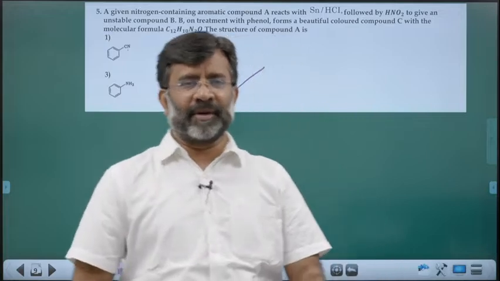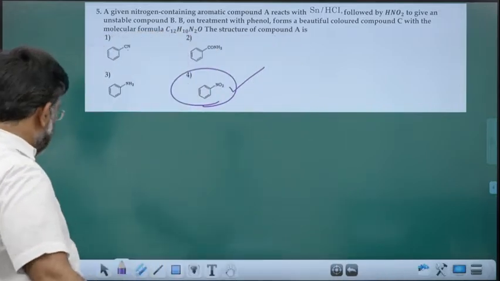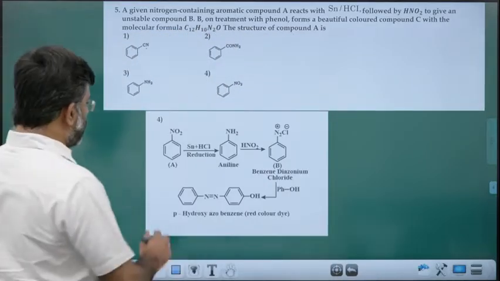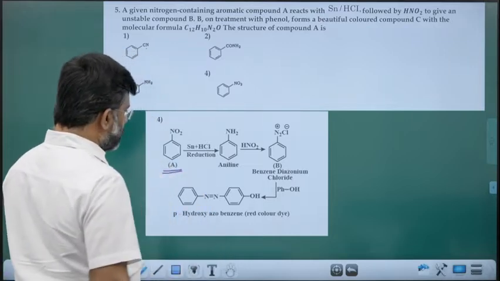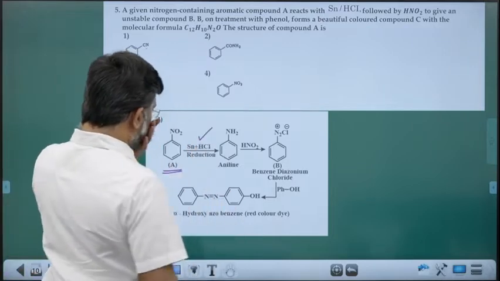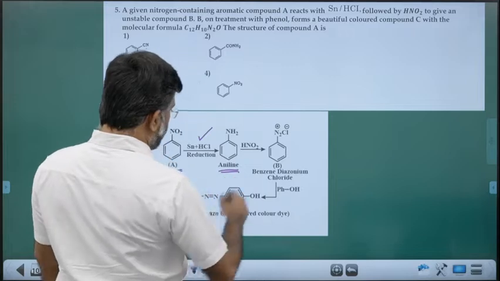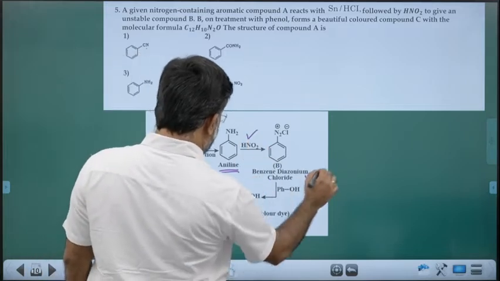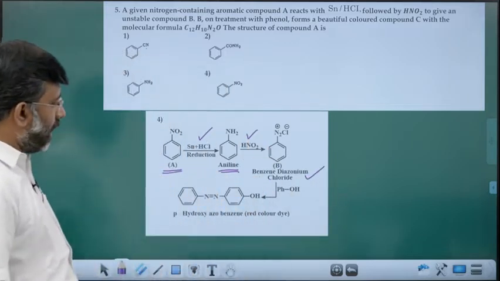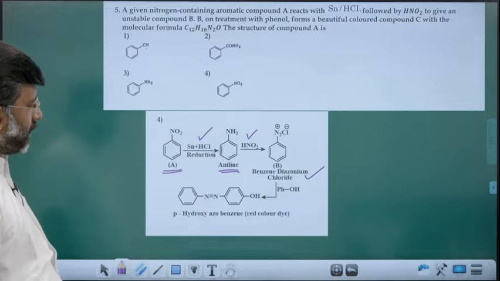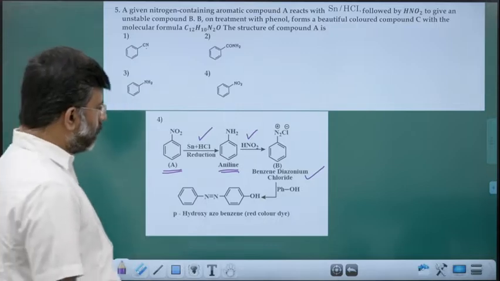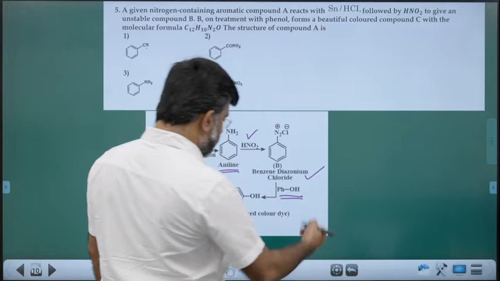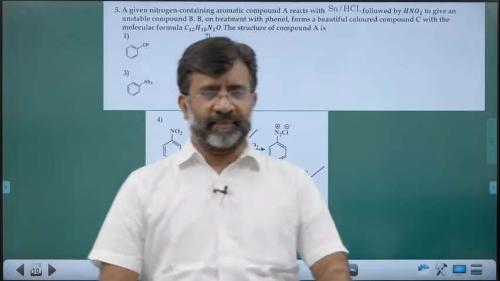Let us examine the reactions involved. This is compound A, nitrobenzene. Reduction with tin and HCl gives aniline. Aniline with nitrous acid gives benzene diazonium chloride, which is unstable and can be stable only at low temperature. Now that is treated with phenol. What is the reaction?